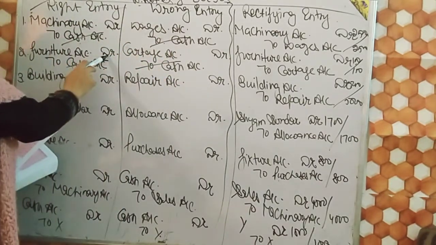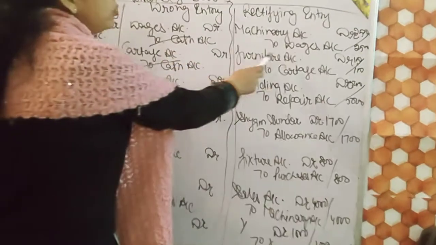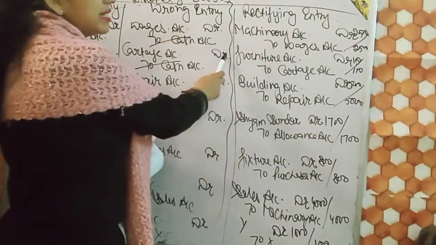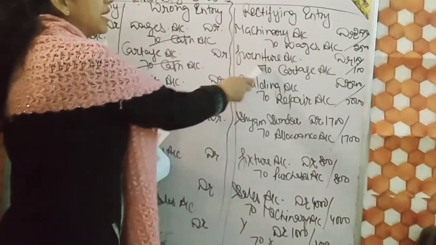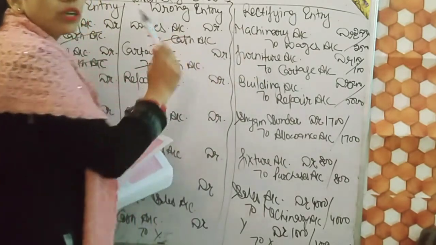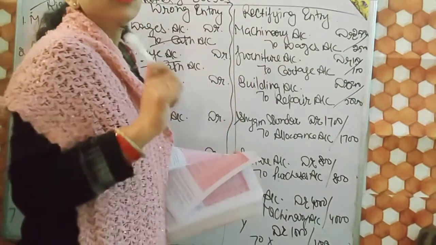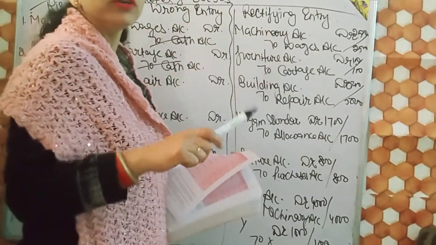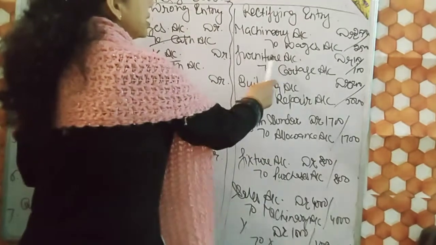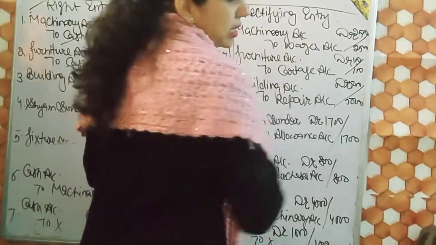In the right entry, furniture should be debited, and cartage is debited wrongly, so it should be credited on the opposite side. The narration is: wrongly posted to cartage account, now rectified. Furniture account debit to cartage account.